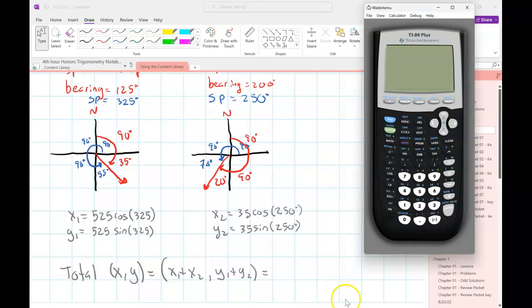So I'll just go to my calculator. So 418 for the x component, and negative 334 for the y component.